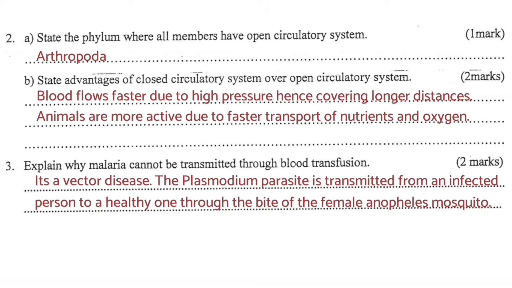If such a person was to donate blood, the parasites can actually survive in the stored blood. Scary, right? And they can be passed directly to the recipient during blood transfusion. In fact, the parasites can survive for several days or even weeks in the stored blood, even when it's refrigerated.